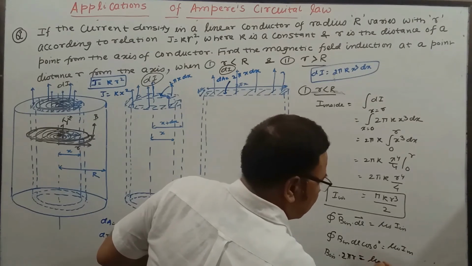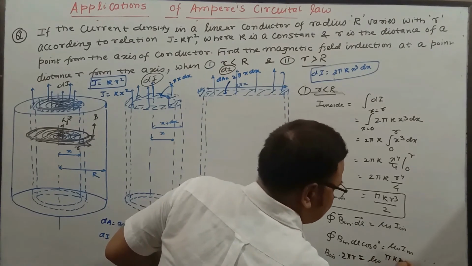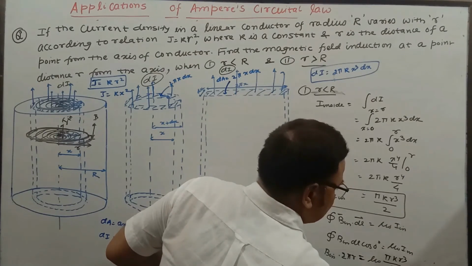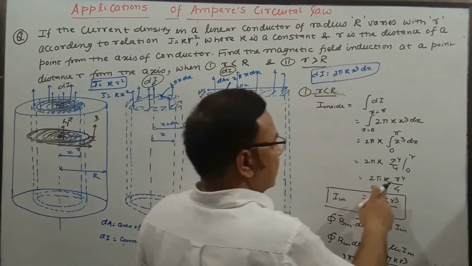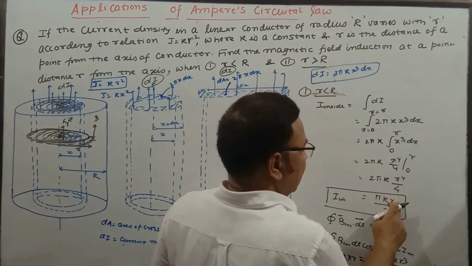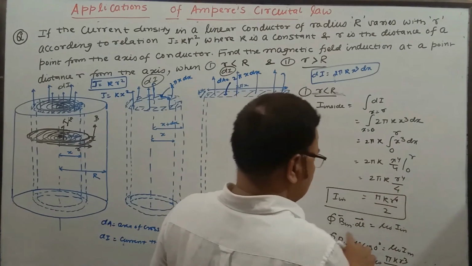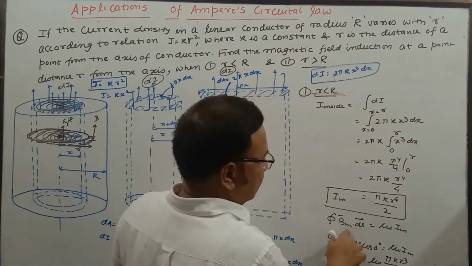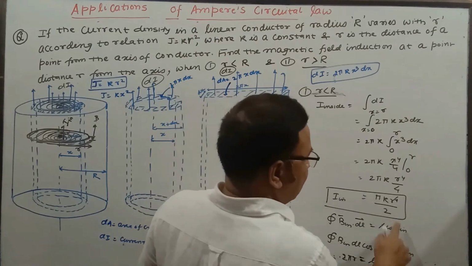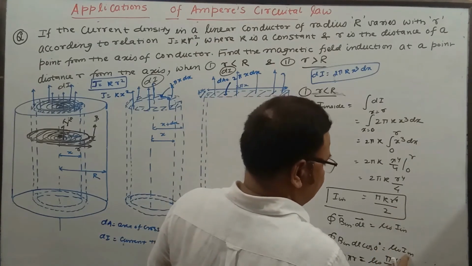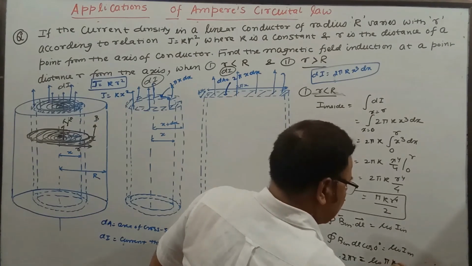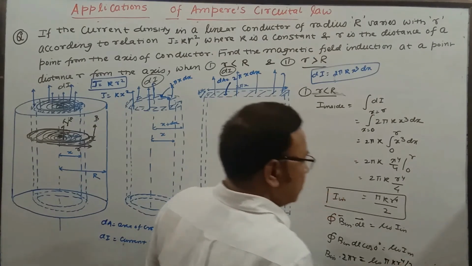Equal to mu naught I in, pi k r^4 divided by 2. Here, actually, this should be r^4. So B dot dl gives B in 2 pi r equal to mu naught times pi k r^4 divided by 2.